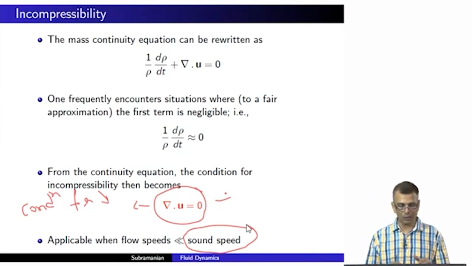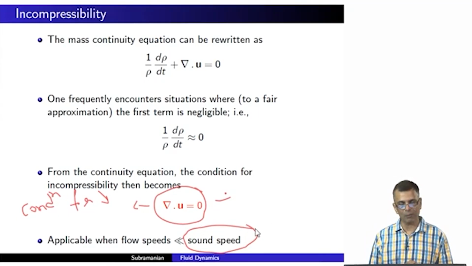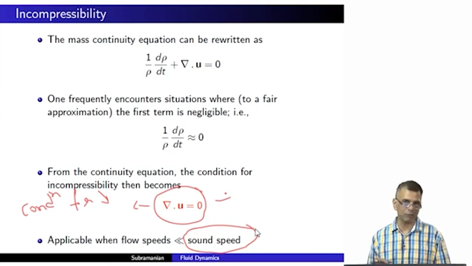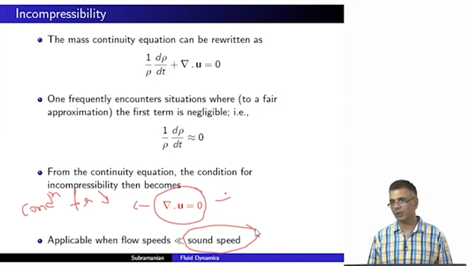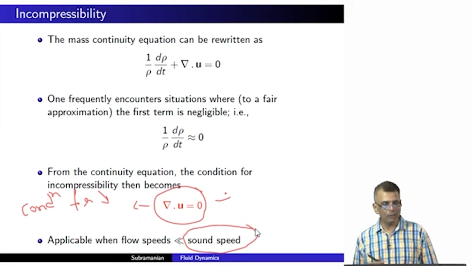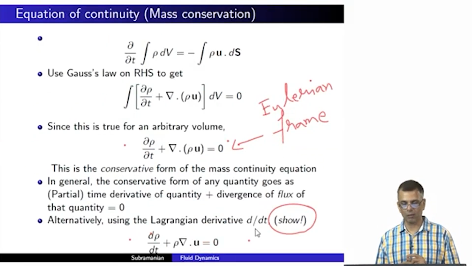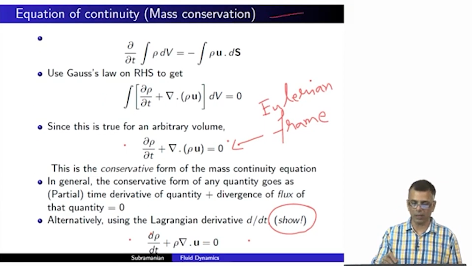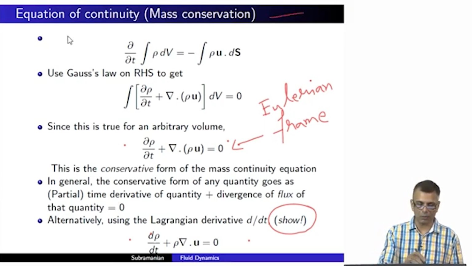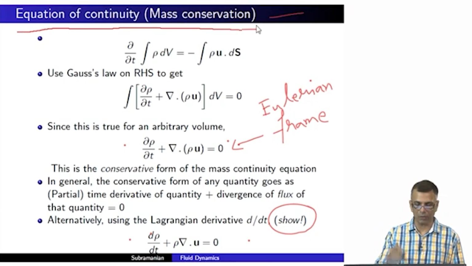Okay. Now I'll simply make this statement for now, and we will justify it later on when we start discussing compressibility. But this is something to be kept in mind, right? So what we've done for the time being is we have in a rather intuitive manner derived the equation of continuity or that of mass conservation.